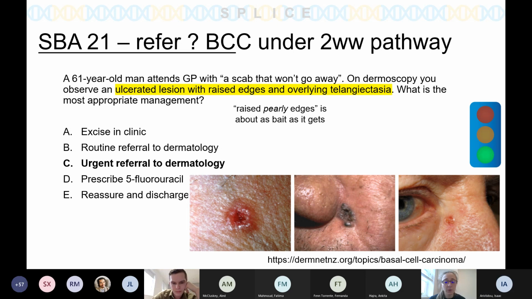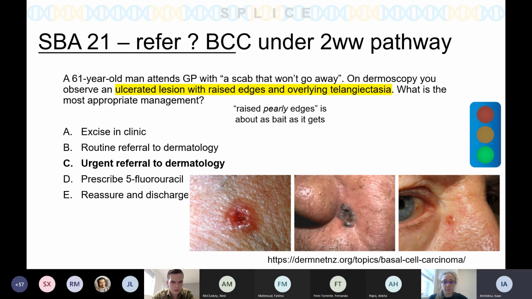We do see a lot of query BCC in the 2-week wait pathway, and the forms that the GPs fill out, they can refer query melanoma, SCC, or BCC. I guess it depends on the size and how worried you are. If it's a very small, tiny papule, they might refer as routine, because we do know it's a very slow-growing tumor, but it is acceptable to send it 2-week wait, especially when it's become larger, or you take the whole patient into account. So I think it's acceptable to send it as an urgent referral.